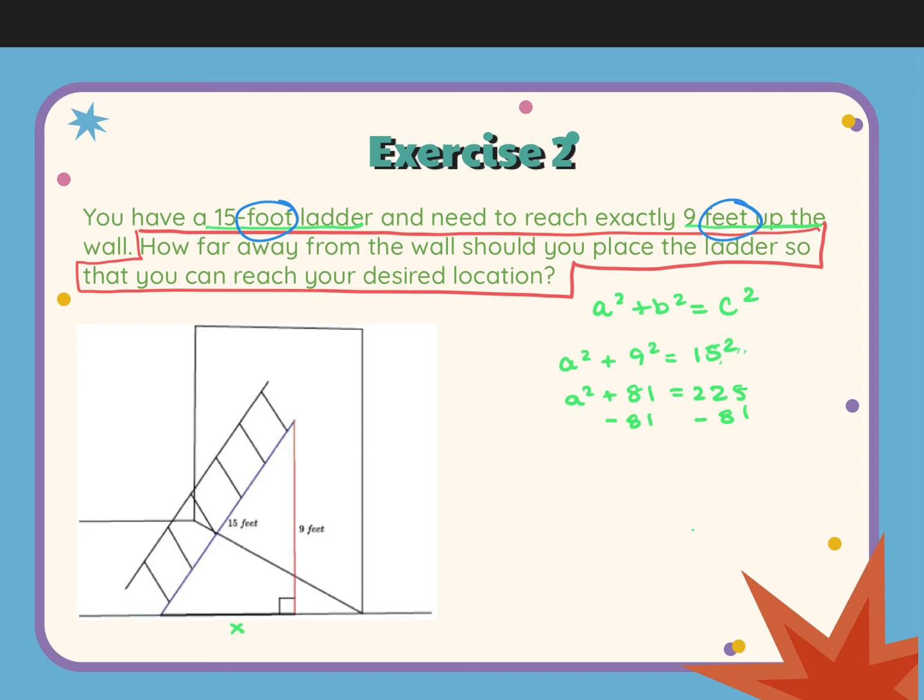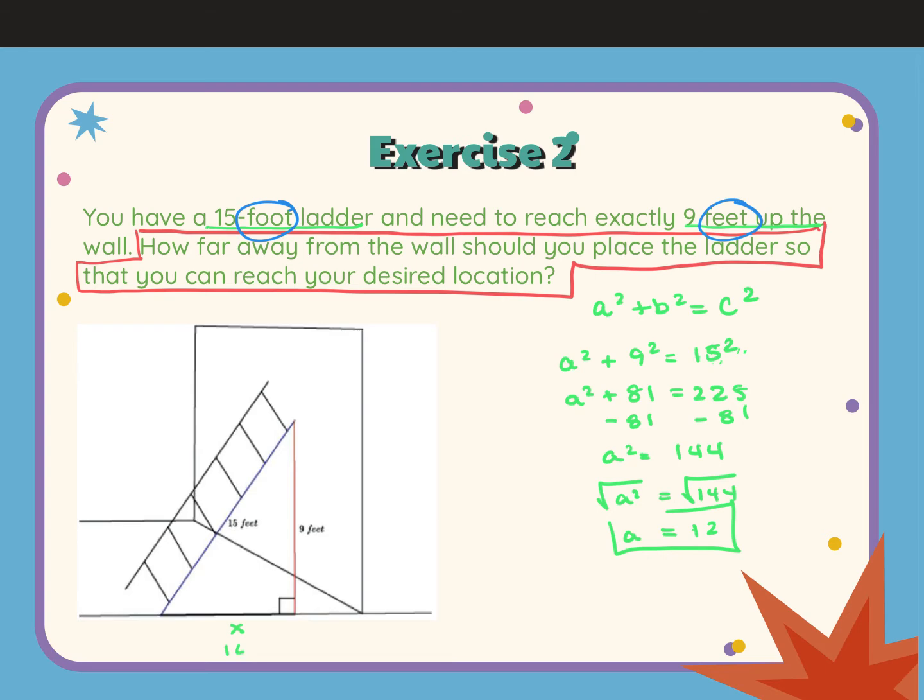All right, so we get that a squared is equal to 144. We're going to take the square root of a squared, take the square root of 144. Not a squared, but a, our side length for a, is going to be equal to 12. All right, so we have x is equal to 12.